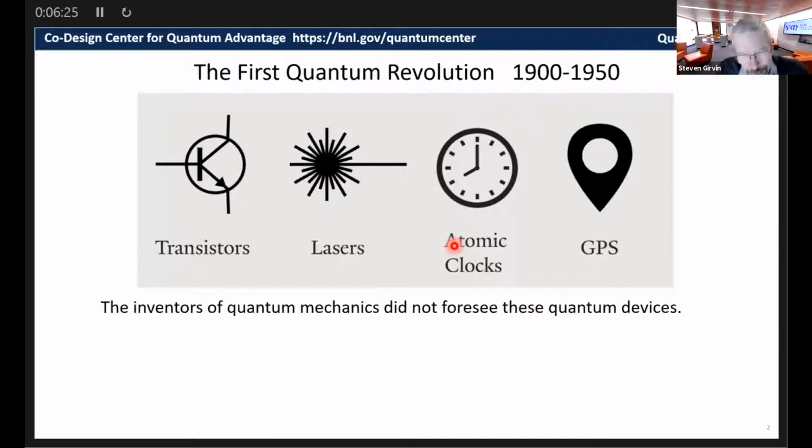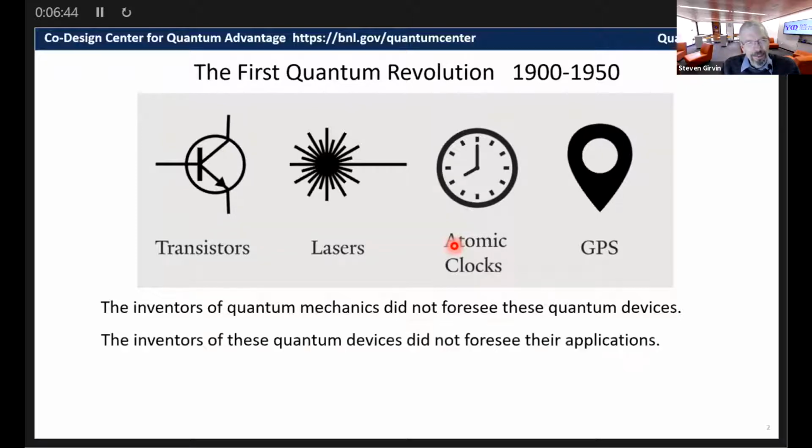But the inventors of quantum mechanics were thinking about the nature of reality and just doing curiosity-driven research. They did not foresee the invention of these quantum devices. And even the more practical people who invented these quantum devices did not foresee their applications.